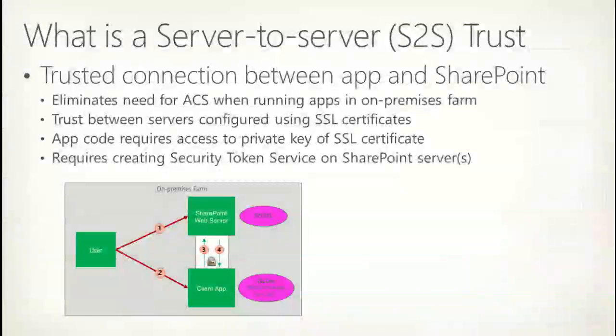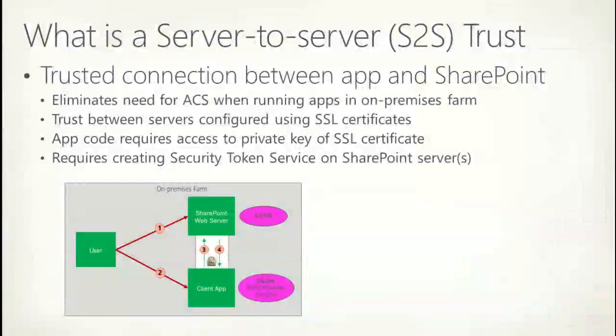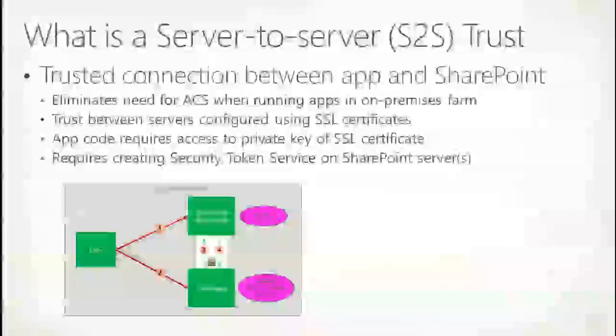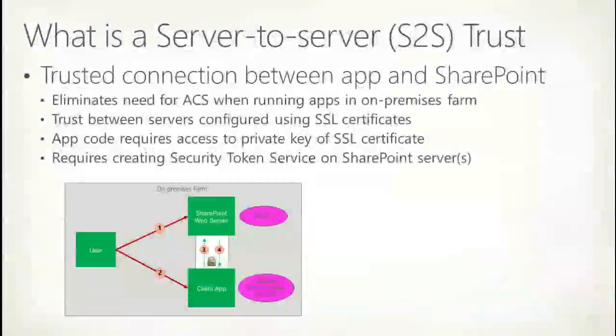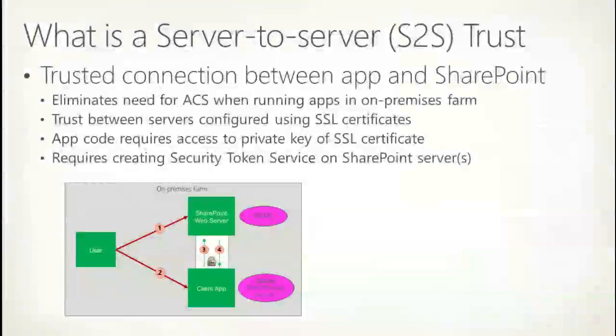So how does this work? Well, we have the client app that runs on a server somewhere inside of our network, and it's going to talk to SharePoint. The user goes to SharePoint, goes to the site contents page, sees the app tile, and clicks on it. The user gets redirected to the client app.